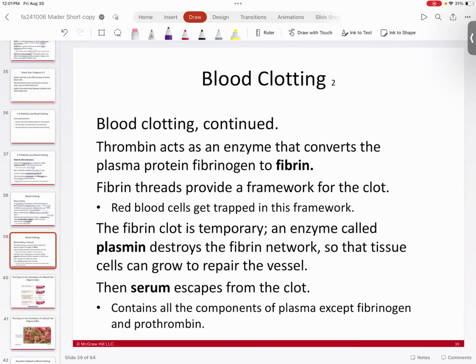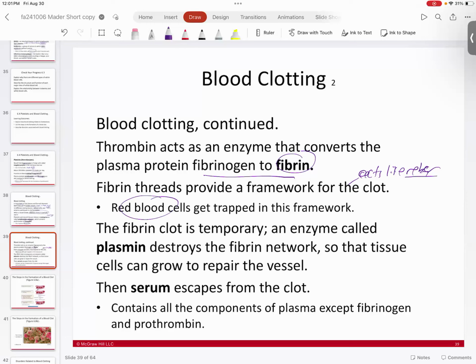Once you have thrombin turned on, it will convert fibrinogen into fibrin. Fibrin is a thread-like protein that acts like rebar. It'll form a mesh-like, gauze-like framework that traps all of the red blood cells and things like that and starts to plug things up.